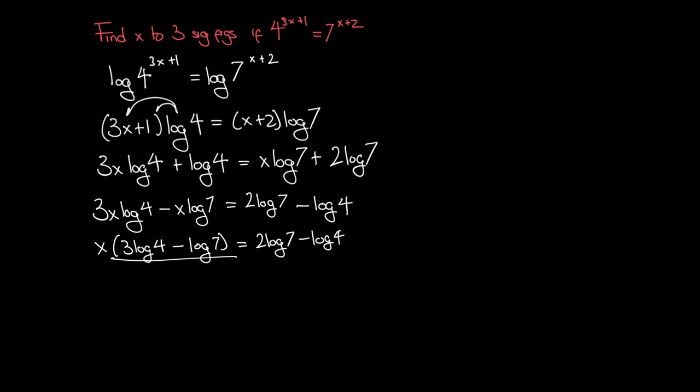Divide out your 3 log 4 minus the log of 7, and we end up with x being equal to 2 log 7 minus log 4, divided by 3 log 4 minus the log of 7.